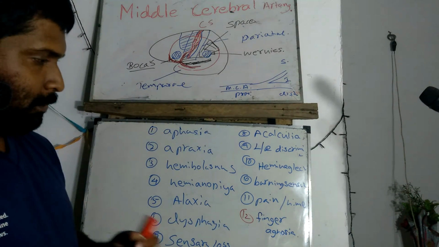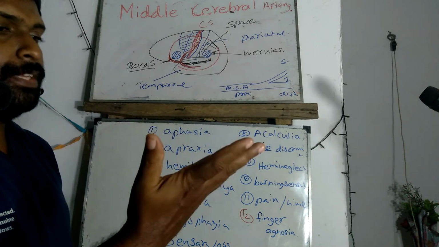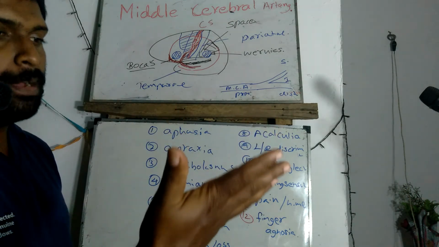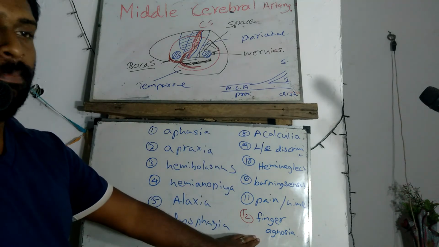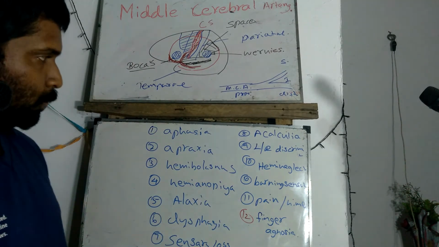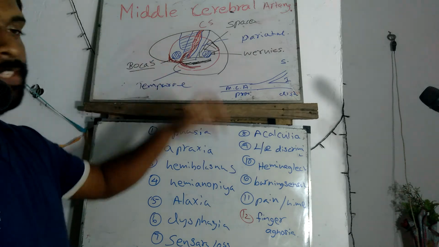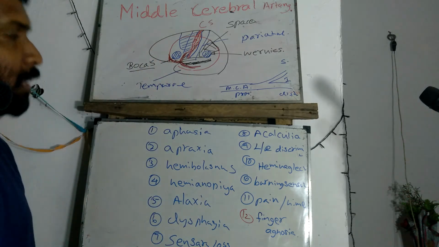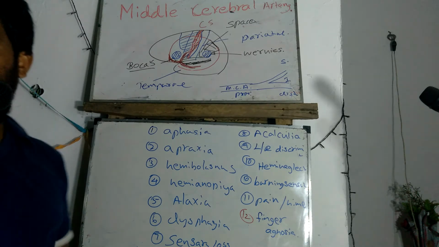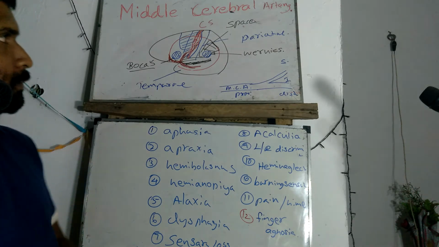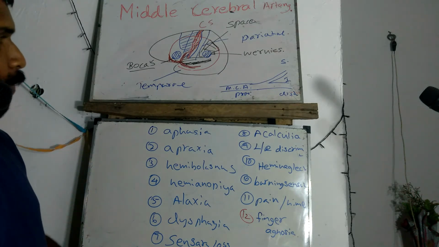Finger agnosia: can't tell what is the finger, what is the small finger, what is the thumb, what is the middle finger. Can't identify the fingers. That is another important point in this middle cerebral artery damage patient. In brief, that is the most important point.